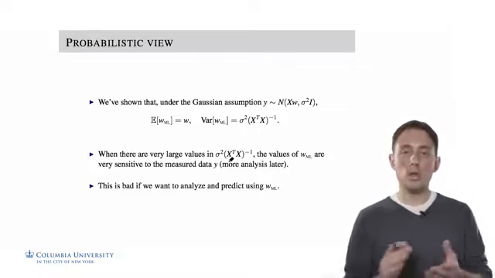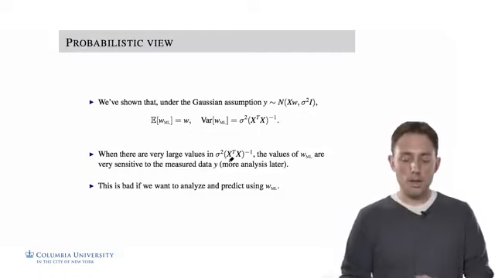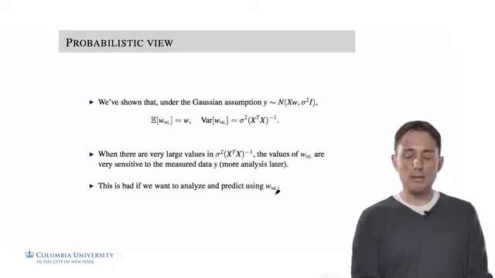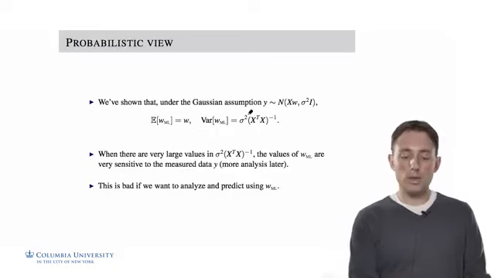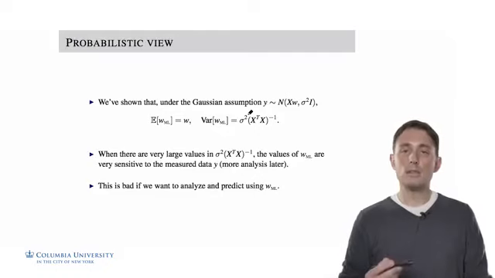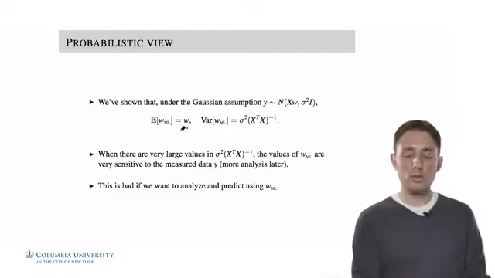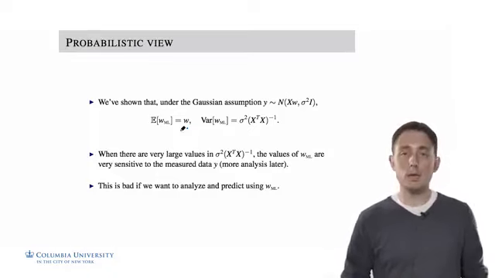The value, large versus small, is all relative to the problem being considered. But if we want to be confident about our maximum likelihood vector w, when the values in this covariance are very, very large, we can't confidently say that our maximum likelihood solution is close to the truth. So let's look at a method that addresses this issue.